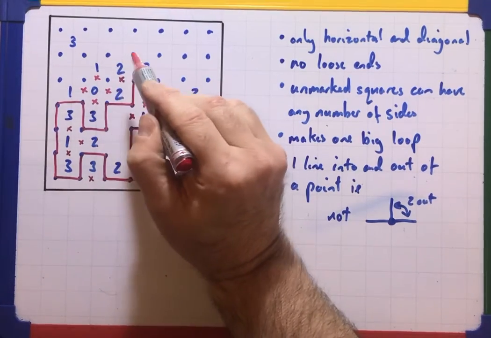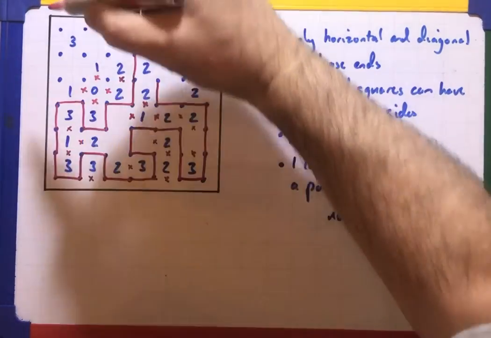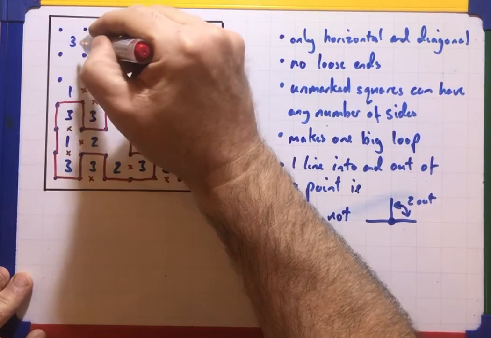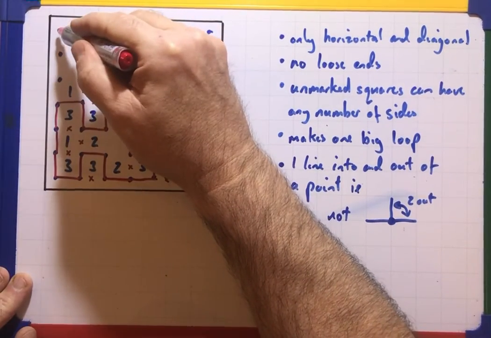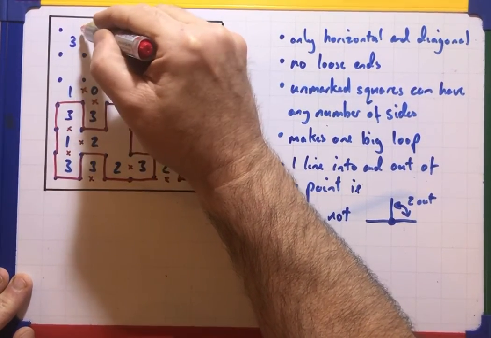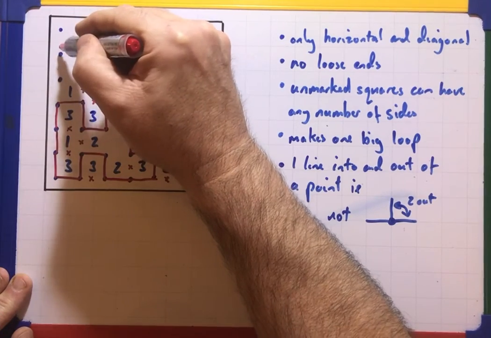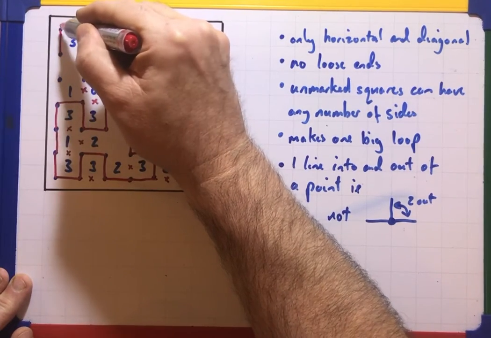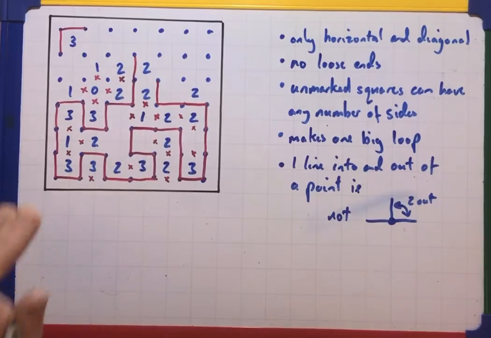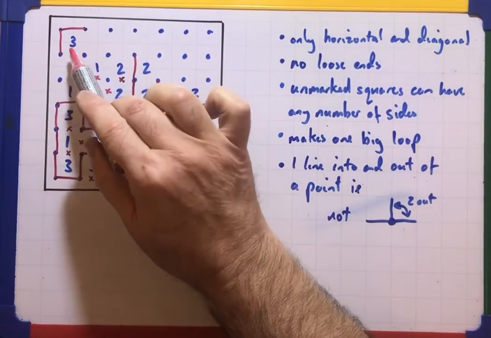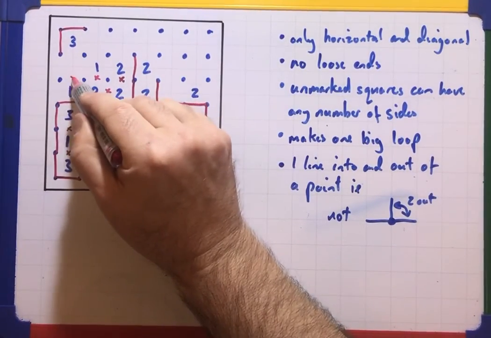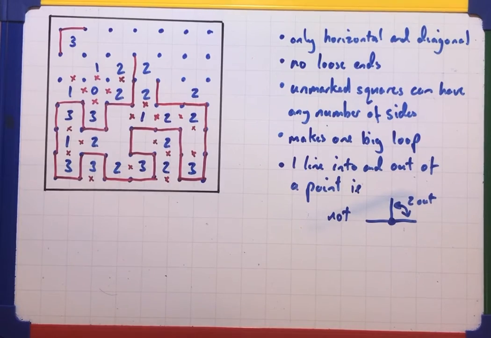Okay. Now this is 3. So if it's 3 and it's in a corner, bearing in mind you can't end with just a line, that means that those 2 will have to be, and then there'll be 1 more out of that one and that one. We know there can't be 1 there.